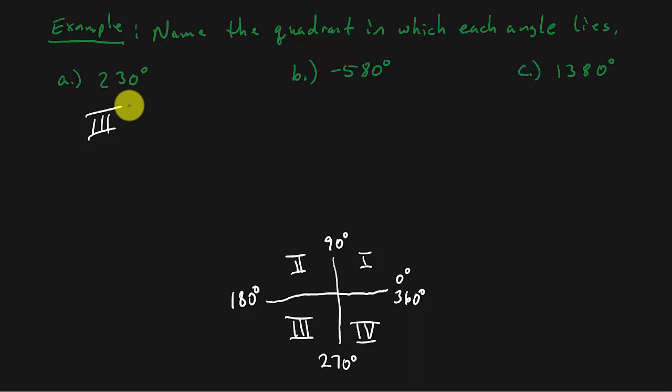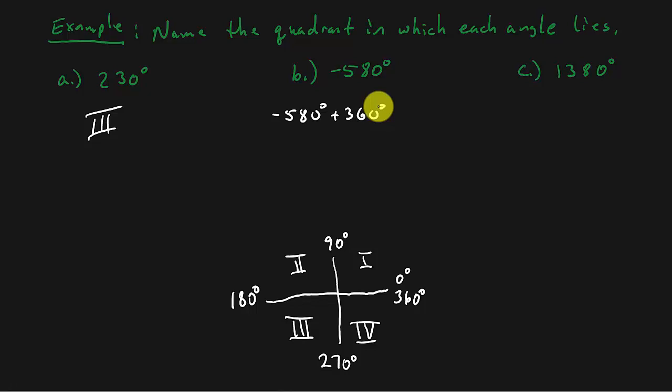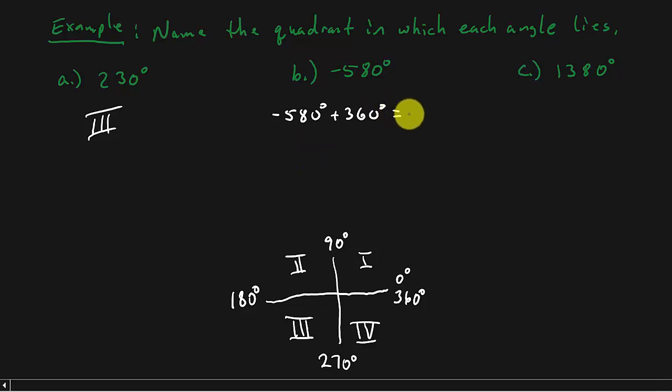Okay, so if I take this negative 580 and I add 360 to it, let's see what I get. Negative 580 plus 360, that's going to give me negative 220. So remember, negative 580 and negative 220, they have the same terminal side. They're in the same quadrant.